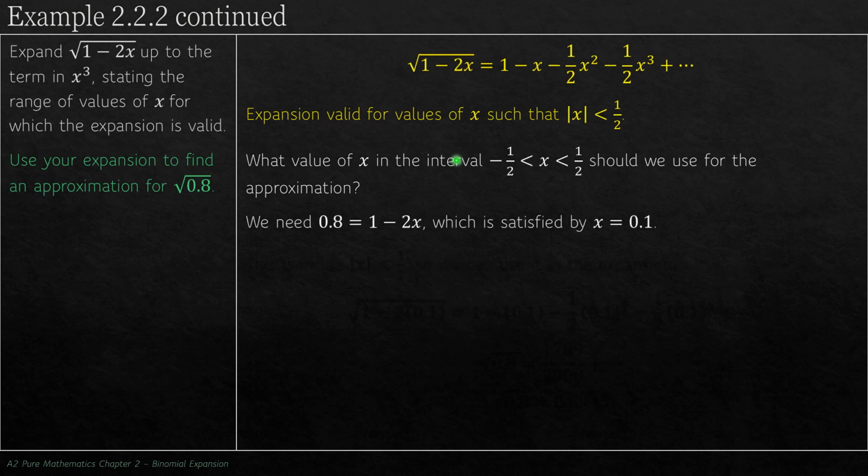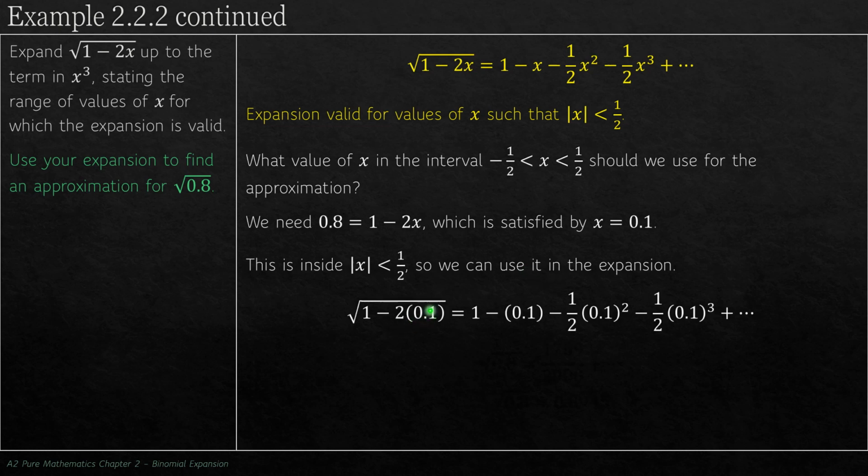So I need 0.8 to equal the expression inside the bracket, and it needs to fit in this interval here. By solving this equation, you should be able to arrive at x is equal to 0.1. So maybe just pause the video and convince yourself that that's the case. We can use it in the expansion because it does satisfy that.